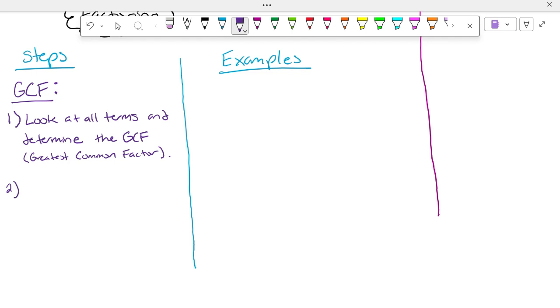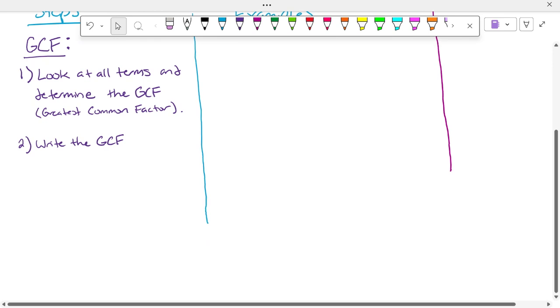Second step, write the GCF. And guys, I'm literally just copying what's on page 1 of your packet. So if you can't read it on mine, just look at yours.